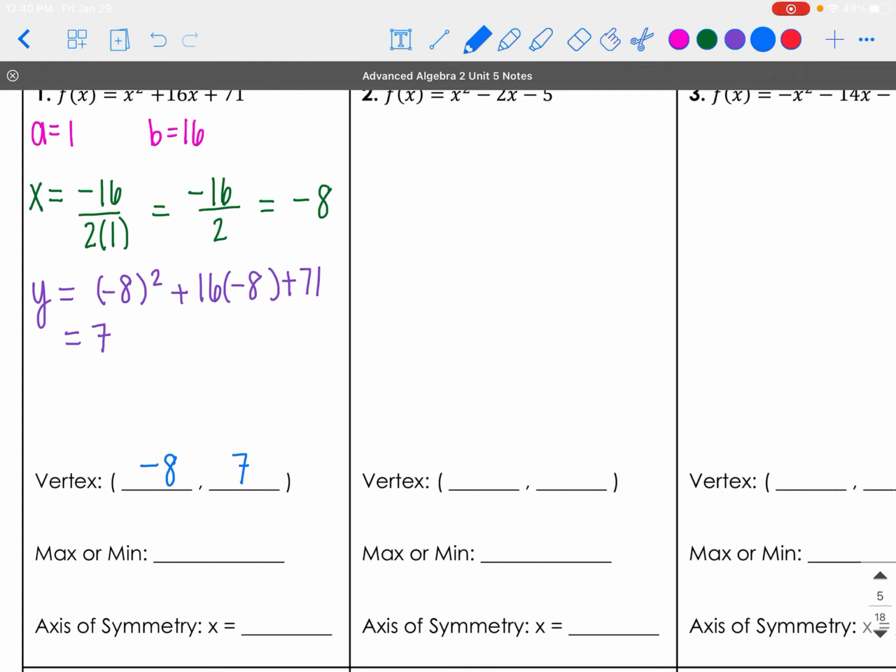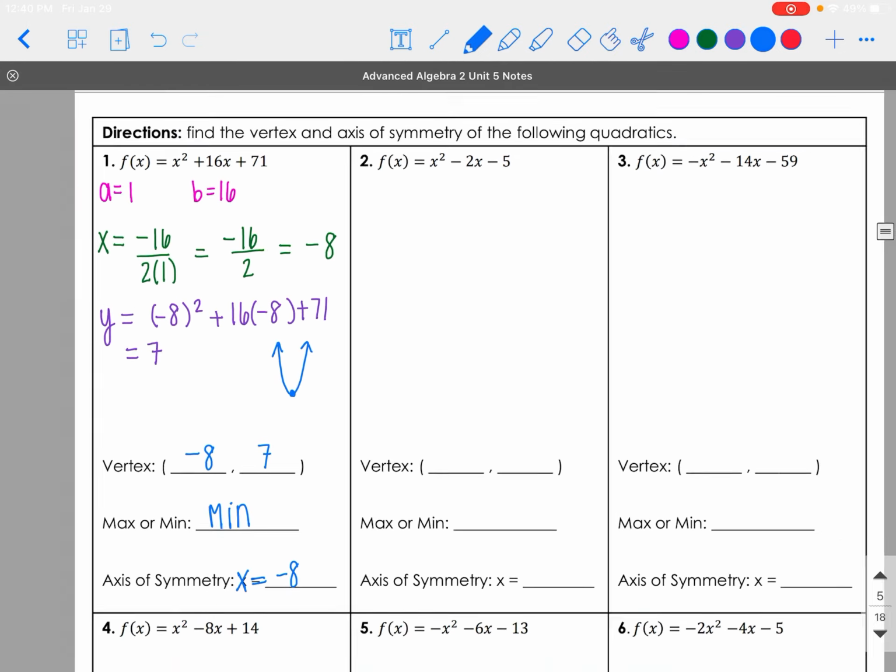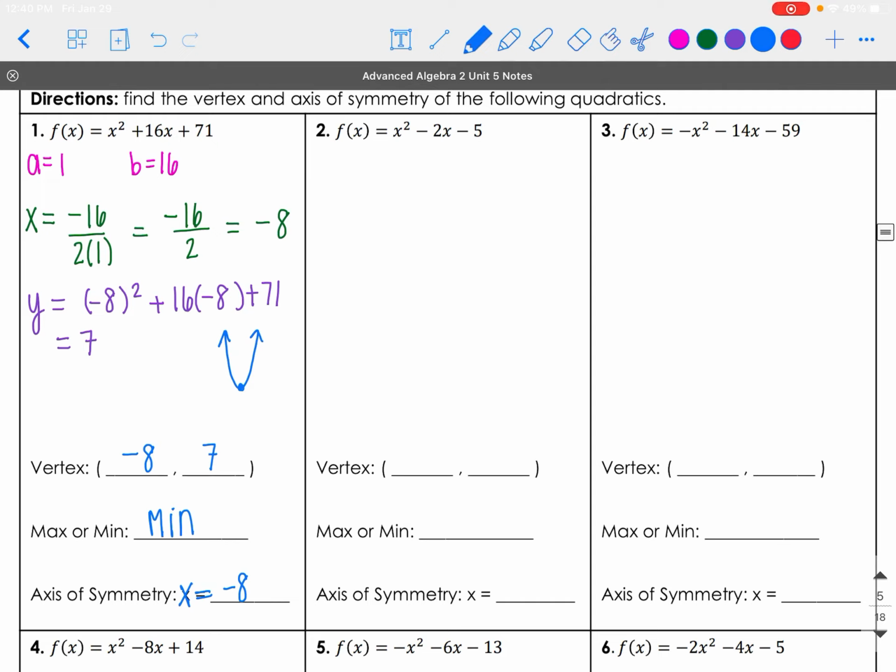It's asking if it's a maximum or a minimum. Because my a value is positive, this parabola points up. So a positive a value means it points up, so I have a minimum because the vertex is at the bottom. For the axis of symmetry, we always write x equals, and then negative 8. It's the x value of the vertex.